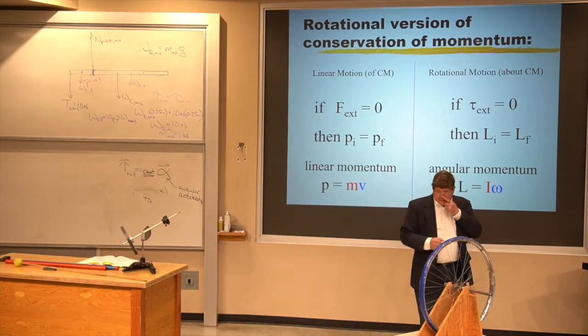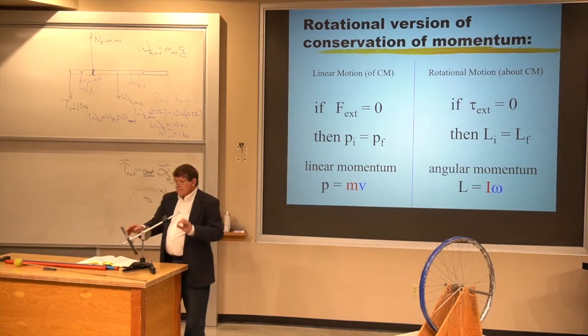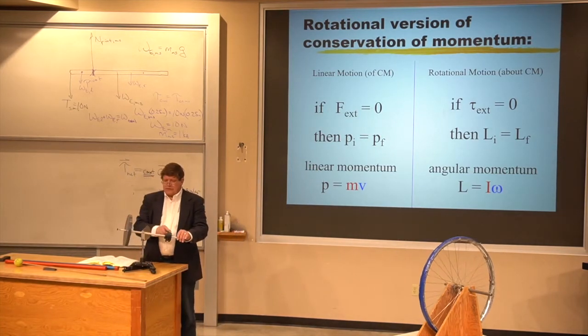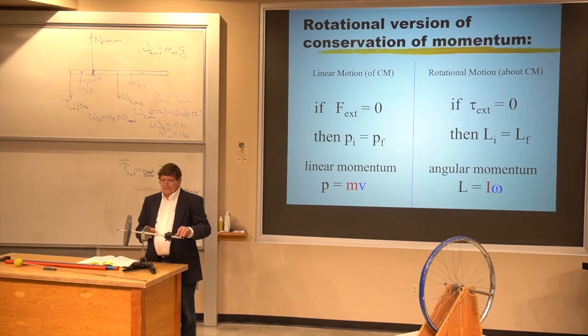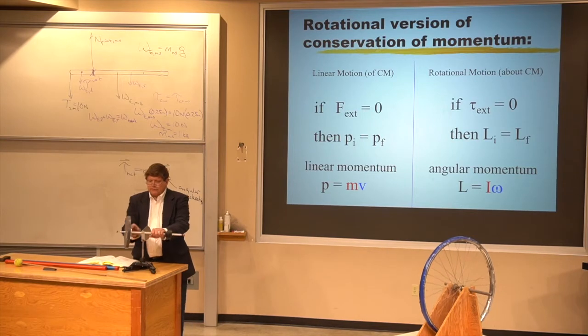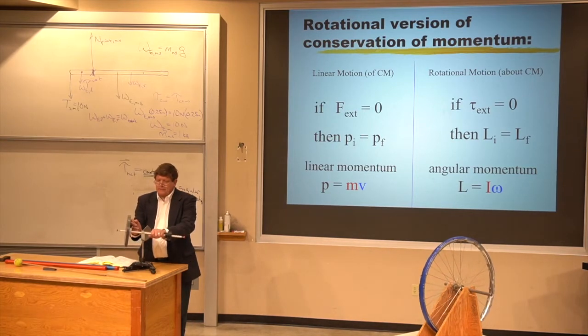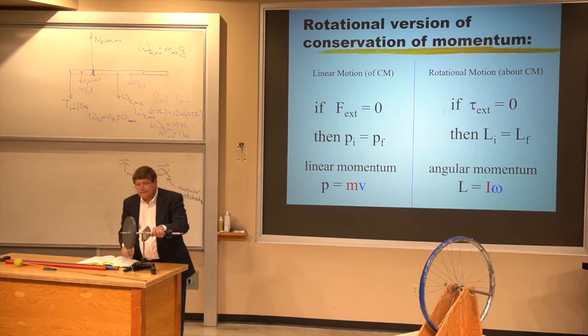Now, let me see if I can illustrate this. I have here a disc on a little axis, and this axis has been balanced with these masses here so that the net torque on the system is zero. I'm going to use this string to spin this up. Oh, and the string broke.